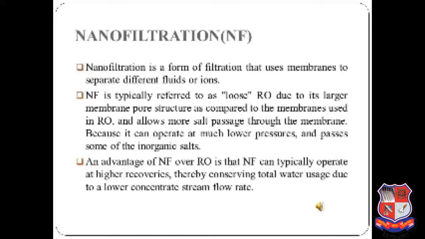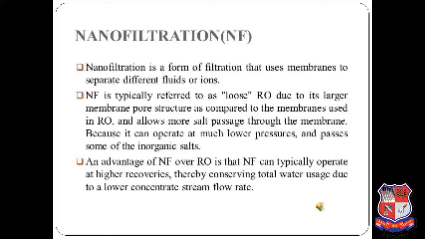The next advanced separation method is nanofiltration. Nanofiltration is a form of filtration that uses membranes to separate different fluids or ions. Nanofiltration is typically referred to as loose RO due to its larger membrane pore structure compared to the membranes used in RO, and it allows more salt to pass through the membrane.